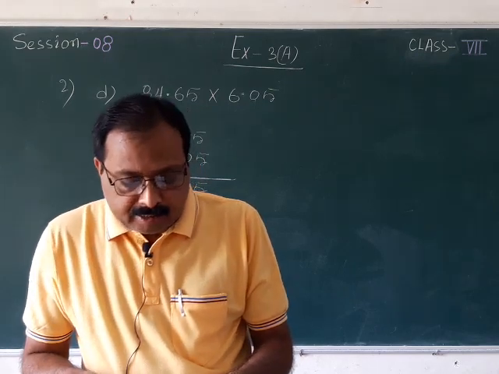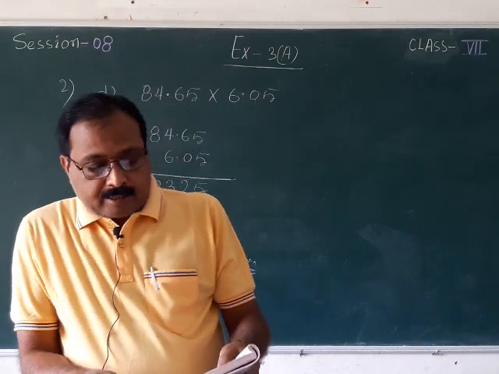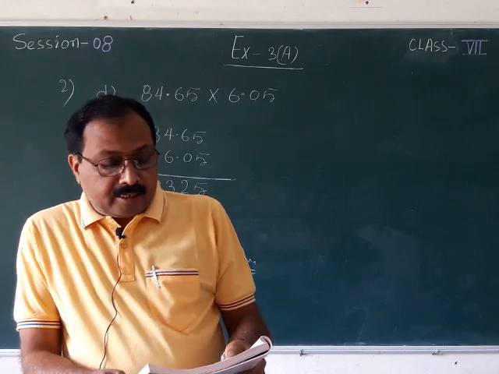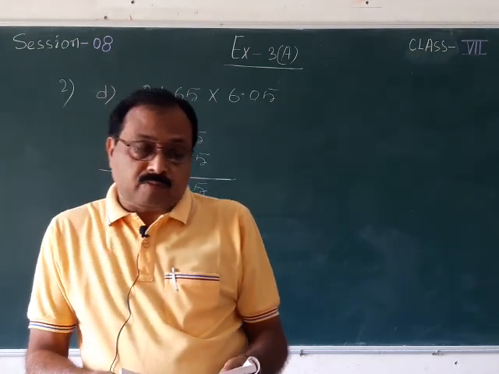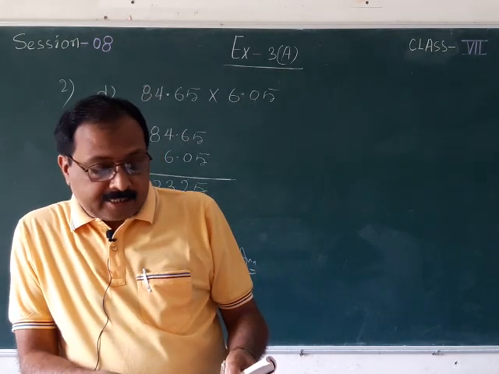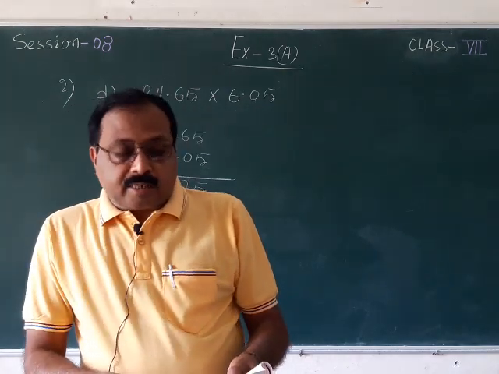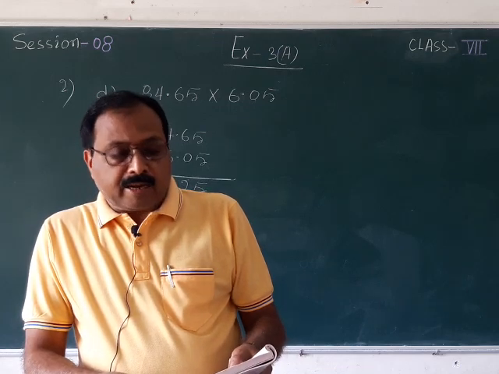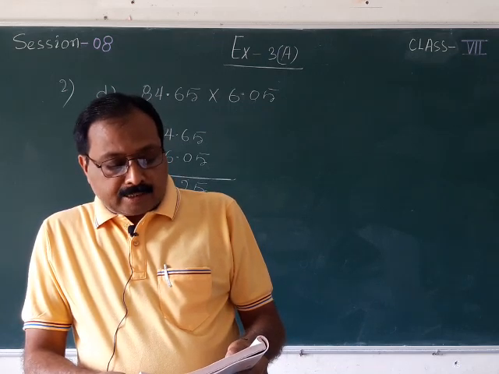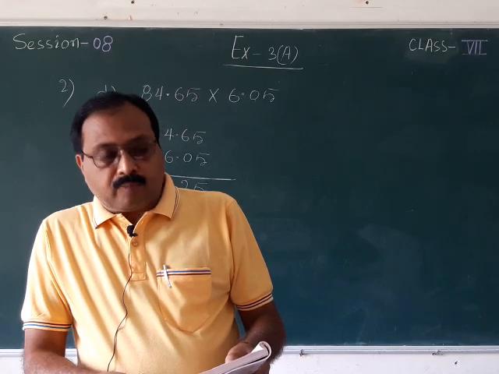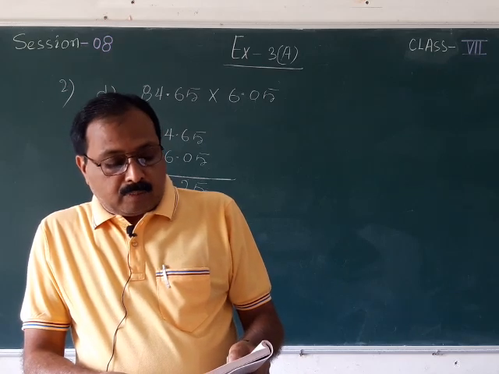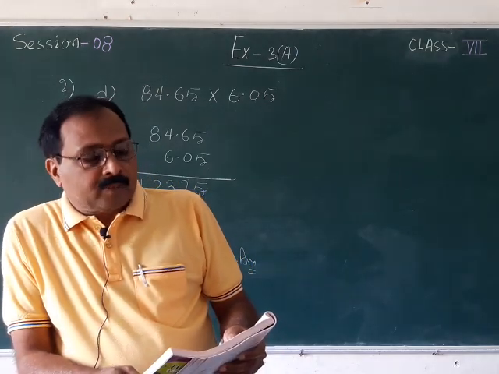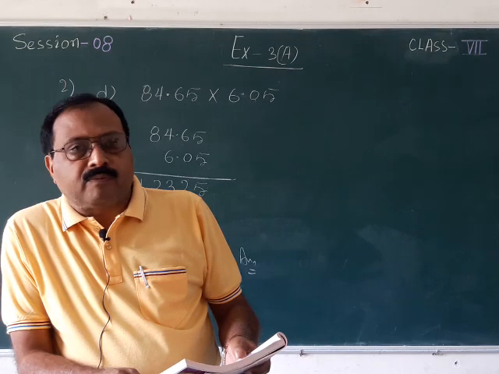Once again I am repeating, complete the following table. This is 3A. The number written in part A is 6.352. If you multiply it by 10, the answer will be 63.52. If you multiply this number by 100, your answer will be 635.2, and if you multiply it by 1000, your answer will be 6352.